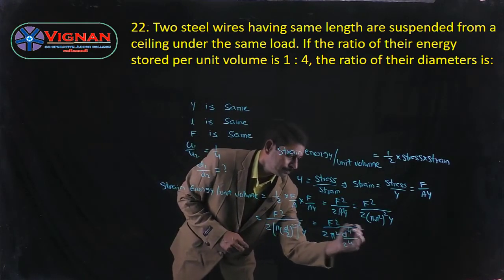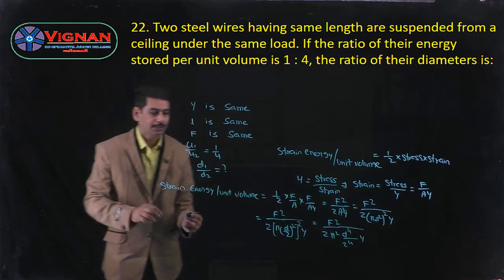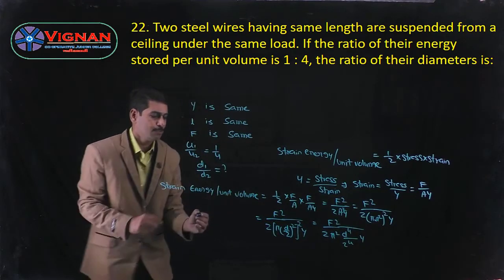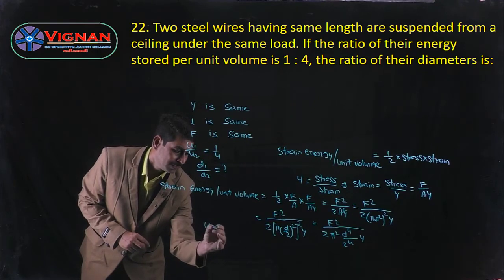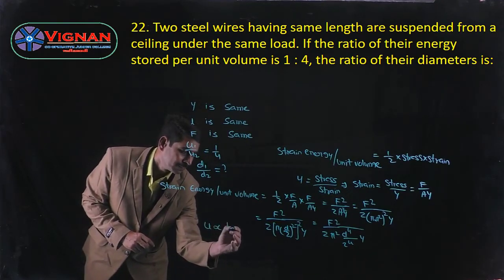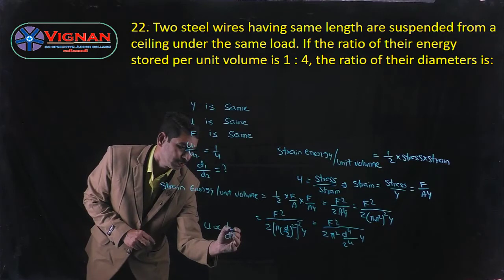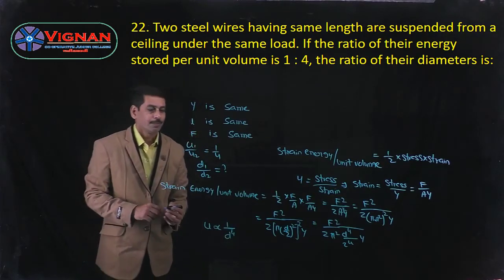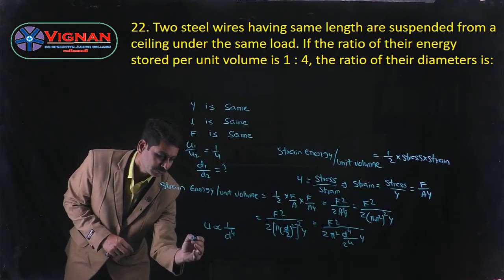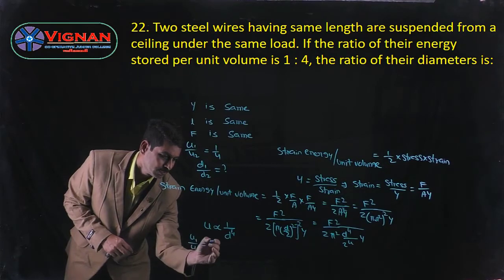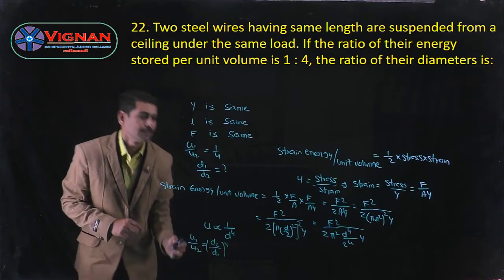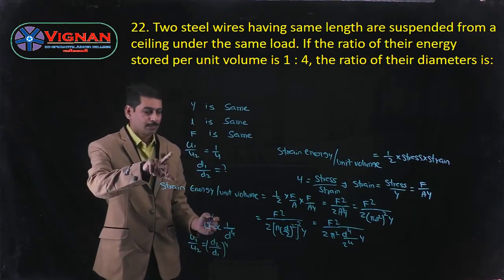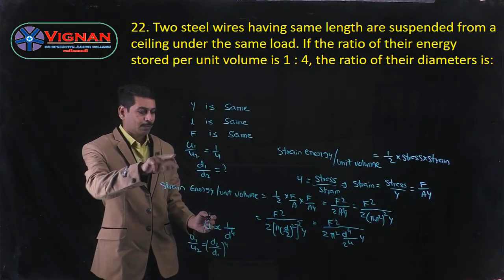From this relation, if we consider the strain energy per unit volume as U, the relation between strain energy per unit volume and diameter is that it is inversely proportional to the 4th power of diameter. So we can write U1 by U2 is equal to D2 by D1 power 4, and U1 by U2 is given as 1/4.